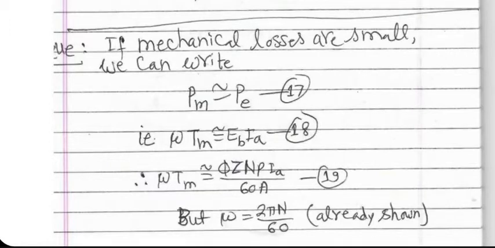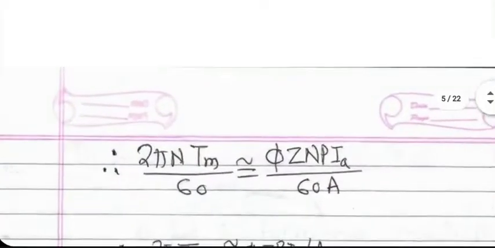So if I plug that in, in the left hand side of equation 19, n cancels out. So it seems that torque is independent of n, at least in this particular case. This is what you get.